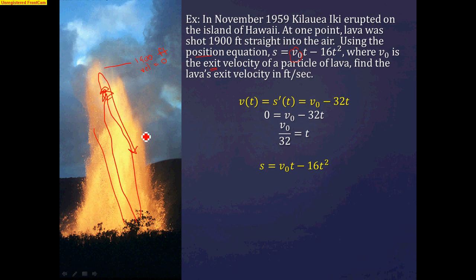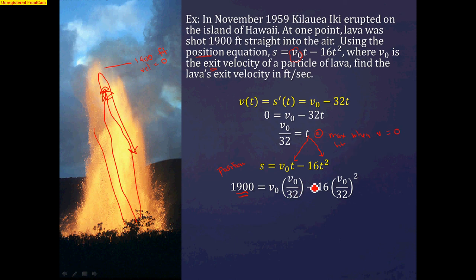Then I go back to my initial position equation. I don't know t. Oh wait, yes I do. There's t. And notice I can put in 1900 because this is the time at that maximum height when velocity is 0.